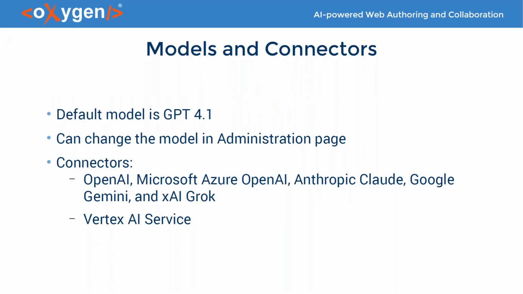And note that you can connect AI Positron with other AI providers like OpenAI or Microsoft Azure OpenAI or Anthropic Claude or Google Gemini or Grok. Another important mention is that AI Positron can also connect with Vertex AI service. With this, you can connect with your fine-tuned or specially trained models.